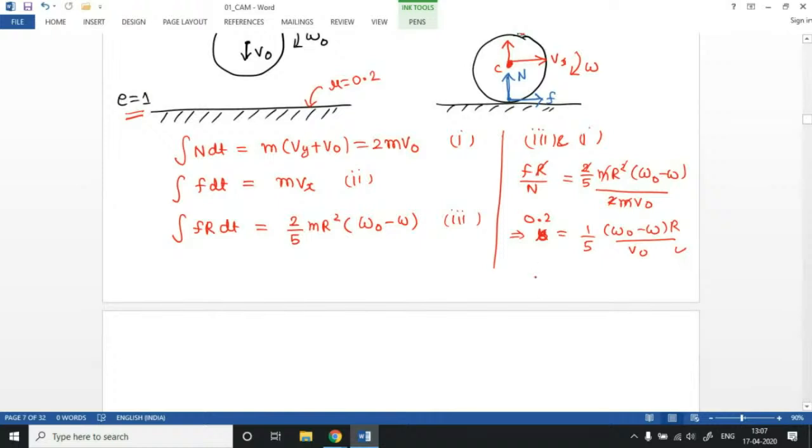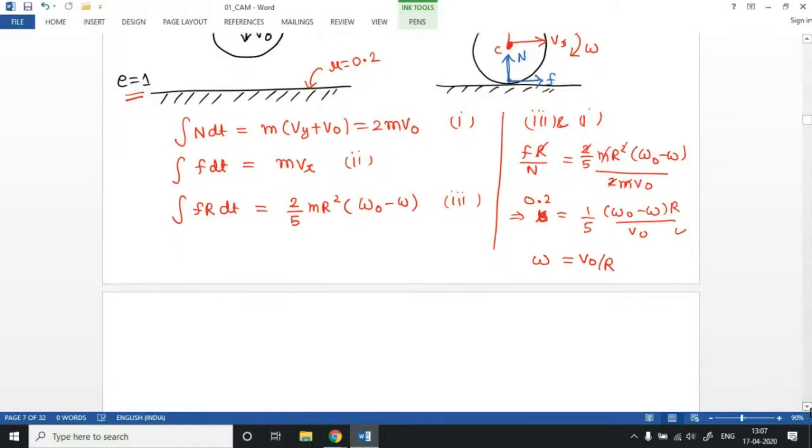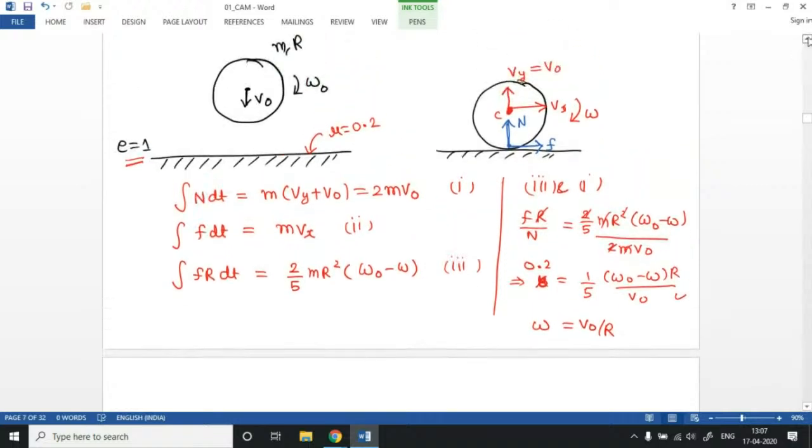Solving for omega, we simply get v naught by r. And similarly, vx we will get if we divide equation 1 by equation 2, and after solving, vx is 0.4 v naught. So vx, vy and omega, all we have got.